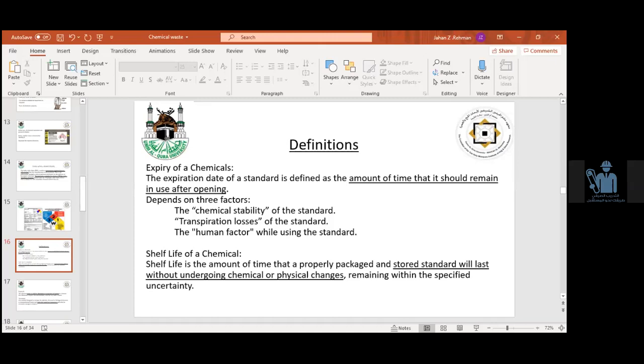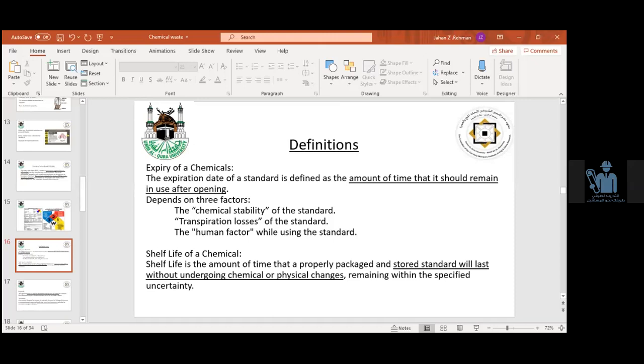Normally, all chemicals have 2-year shelf life before opening. After opening, shelf life converts into expiry. I hope you get my point. If there is a chemical which you didn't open, you may put it in your lab or in your store for 2 years. But if you open the chemical, then this shelf life starts turning into expiry.